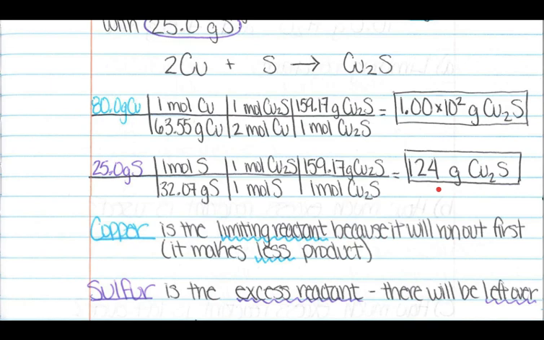Basically, what's going to happen is copper is going to be able to produce this much of the copper sulfide, and you'll end up having leftover sulfur. Just like if I only had 9 scoops of peanut butter, but an entire jar of jelly, I would use up those 9 scoops of peanut butter to make my 3 sandwiches, and I'd obviously have leftover jelly. I would not use the entire jar.